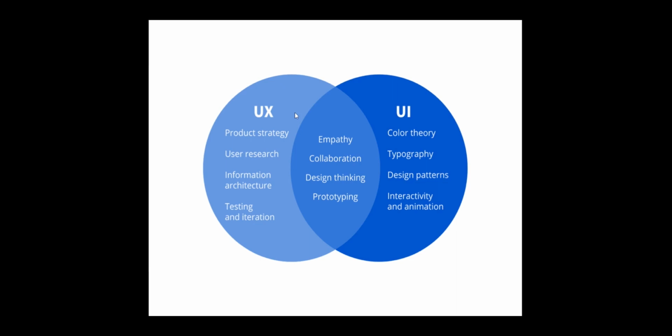Product strategy, user research. You need to make research. Information architecture, the way the information is laid out and structured. Testing and iteration. Before a product gets to the end users, it must be tested.